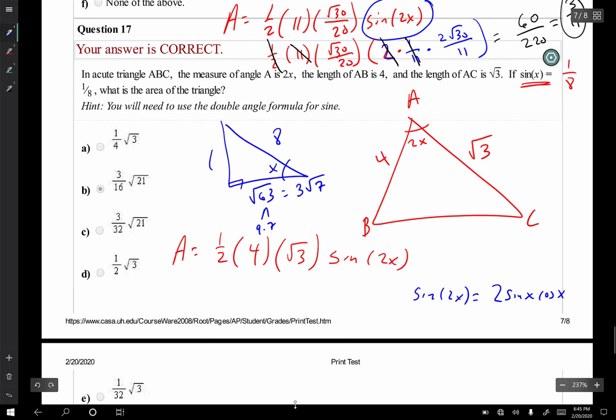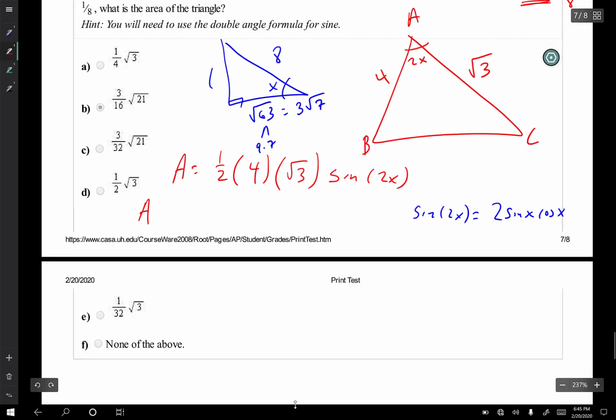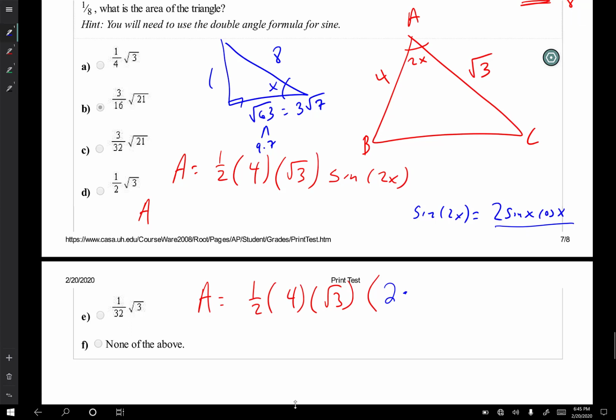So here we go. Area, I'm going to write it down here. Area equals 1/2 times 4 times square root of 3 times 2 times sine x, which is 1/8, times cosine x, which is 3 square root of 7 over 8. All right, let's see what cancels. I have a half and I have a 2.